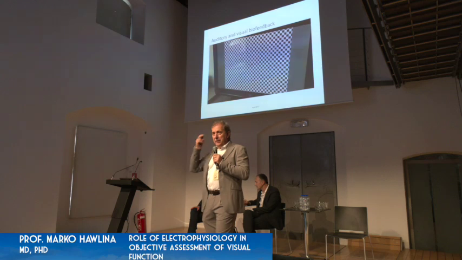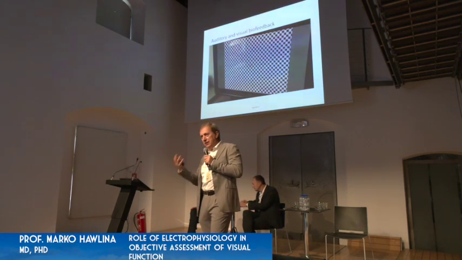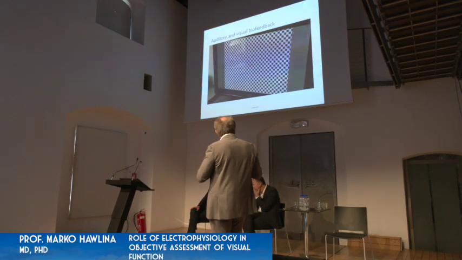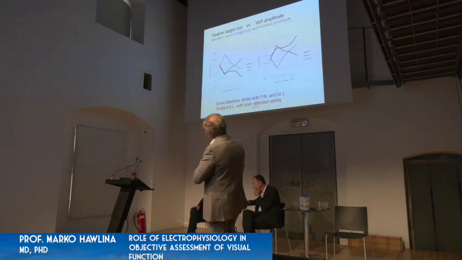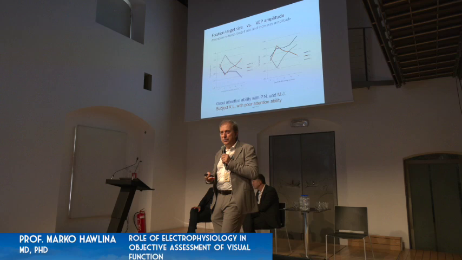And also what we did is that we also recorded VEPs so that we could see whether there is any objective feedback of this feedback. And actually you can see that if the patient is fixating well, like these 2 patients, what you see is that fixation target size and VEP amplitude would increase, and the patient that did not fixate well did not actually show that increase, which was due to poor attention.